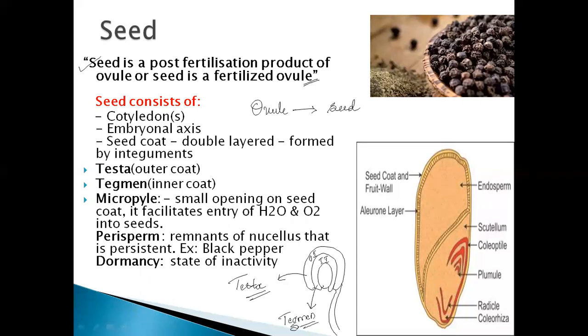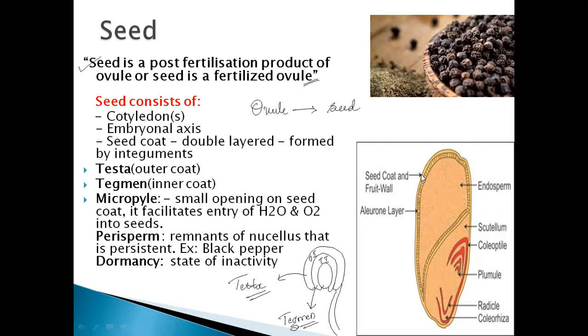Is it clear? The inner integument is known as tegmen and the outer coat, or the outer integument, is known as testa. So it is a double layer formed by the integument. The seed coat is double layered, formed by the integument.